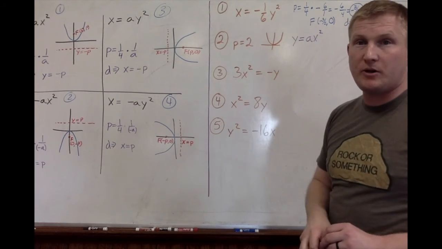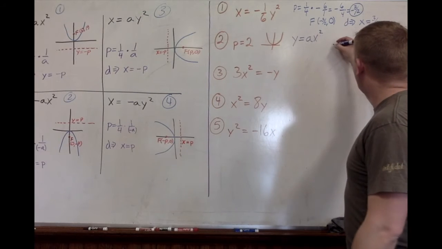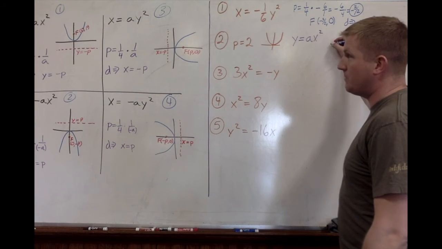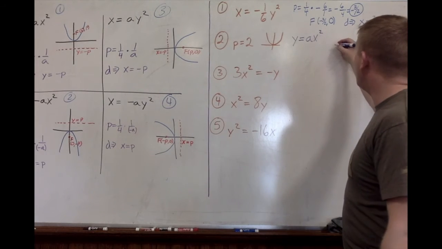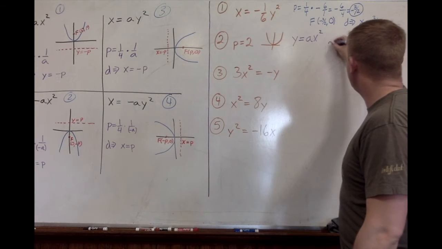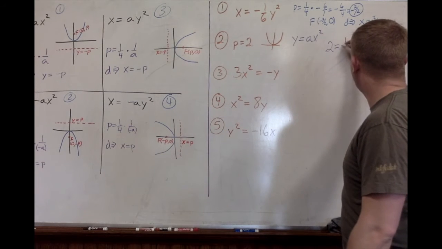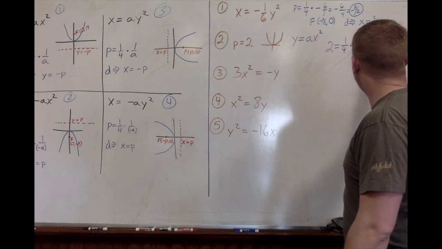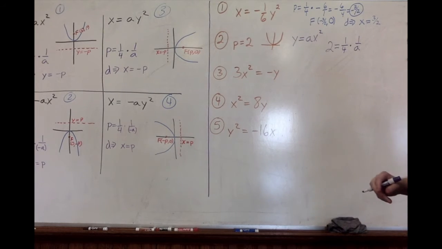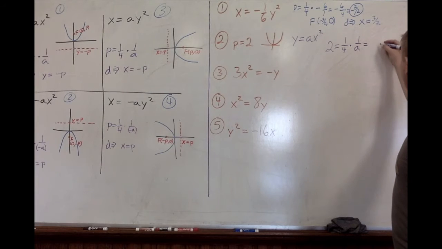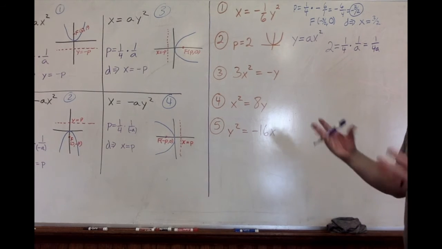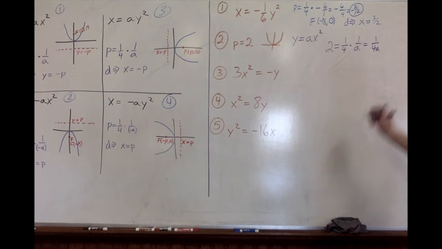We can just set up an equation with what we know. So if p is equal to 1/4 times the reciprocal of a, we can just say 2 is equal to 1/4 times the reciprocal of a. And now all we got to do is solve for a, which is going to be 1/4a. Now, there are a few different ways you can go about this.